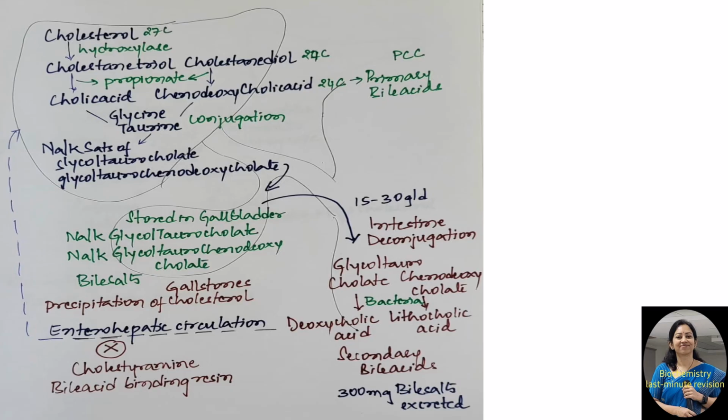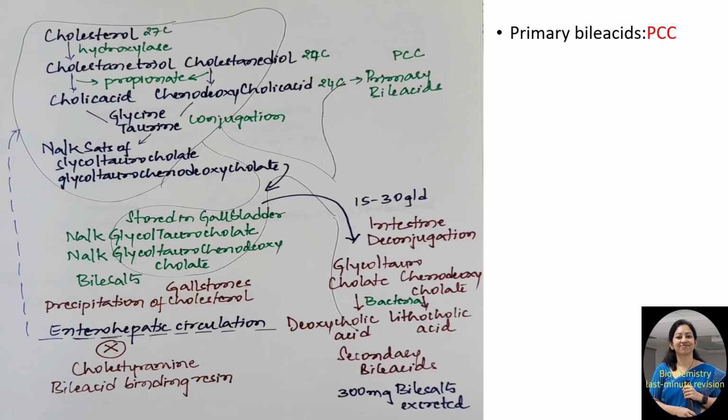Okay, so this enterohepatic circulation is inhibited by a drug called cholestyramine, which is also known as bile acid binding resin, so that these secondary bile acids are not reabsorbed and they get excreted. That is how cholesterol excretion is facilitated by cholestyramine, that is bile acid binding resin.